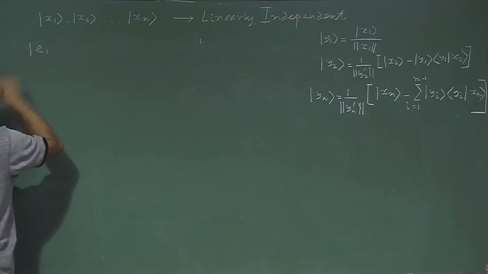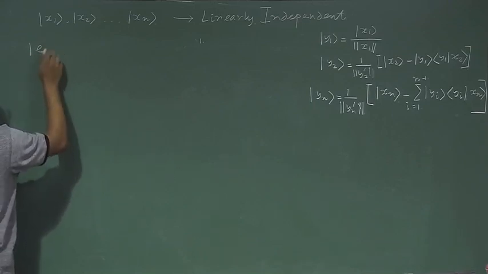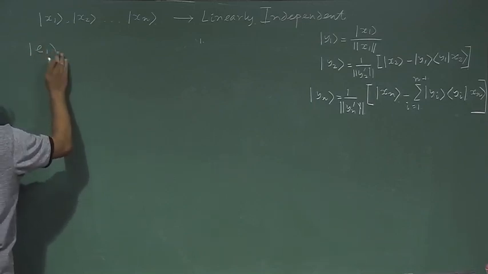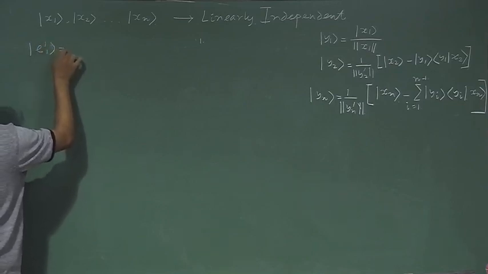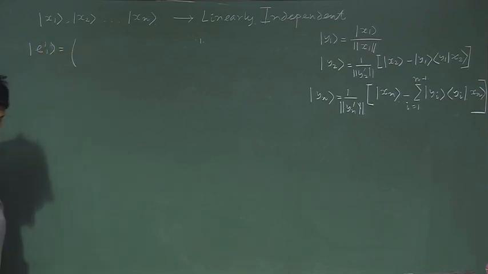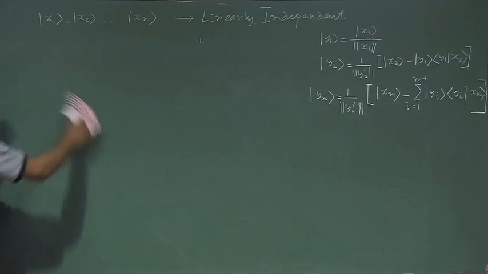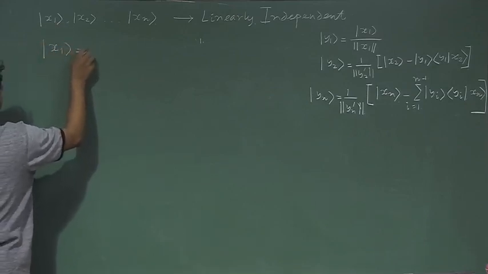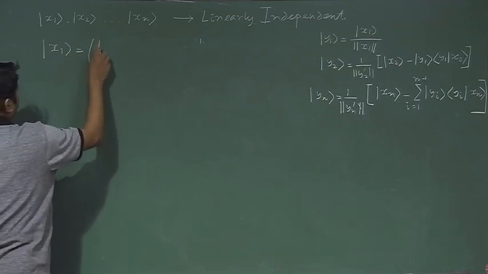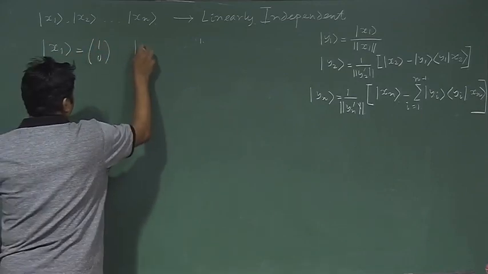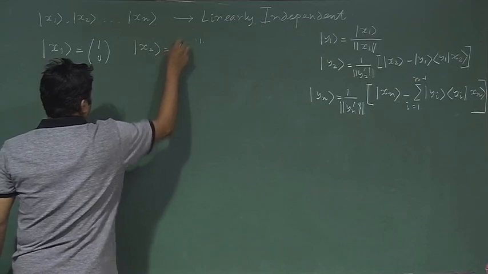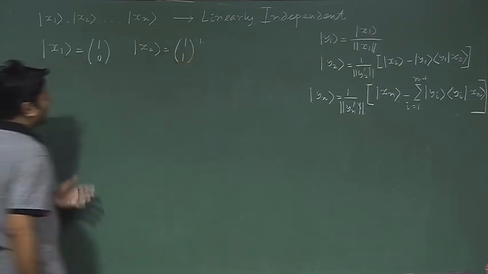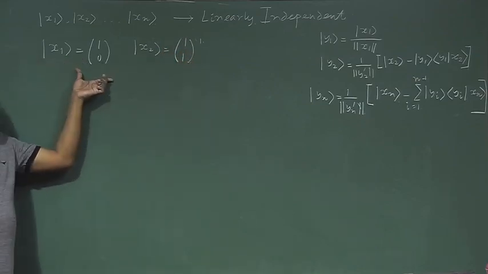It is better to write it in normal notation x, y because it will be easier. So, two vectors, say x1 which is 1 0 and x2 which is 1 1 are given.